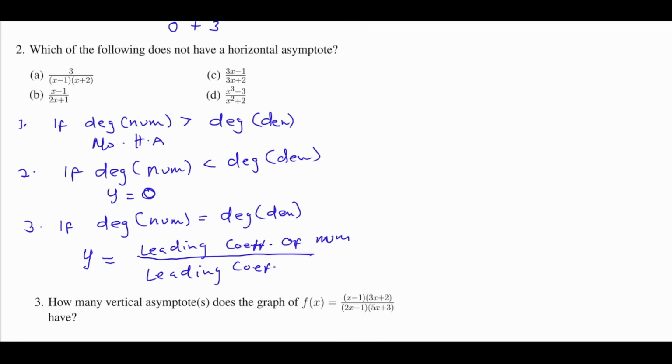So that is what we are saying. Any of these conditions that are met, we know what to do.